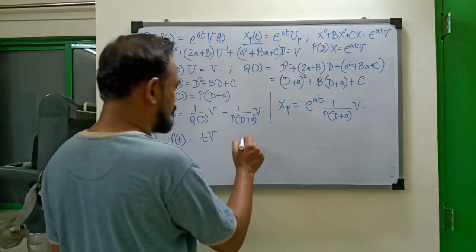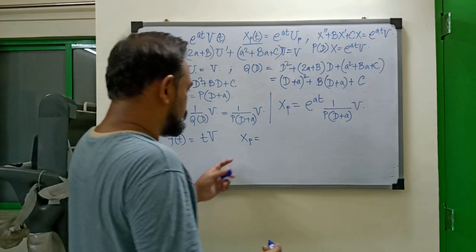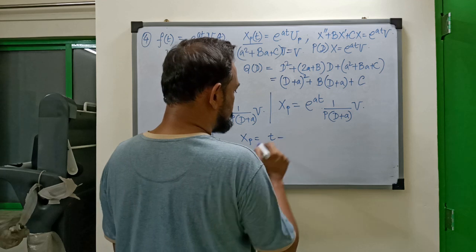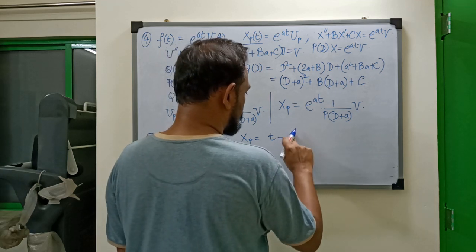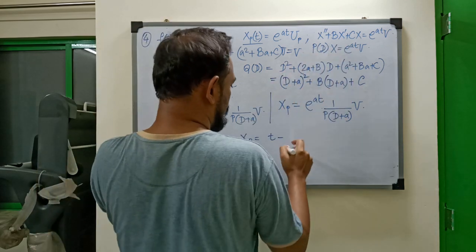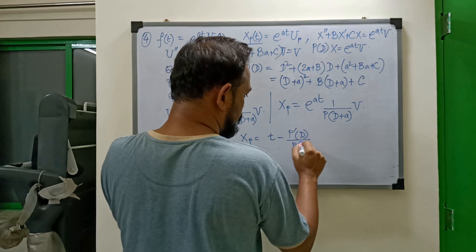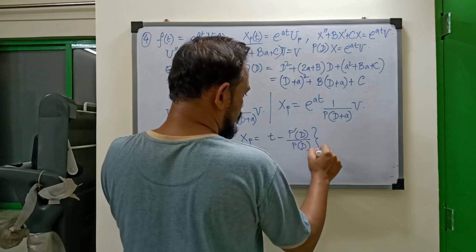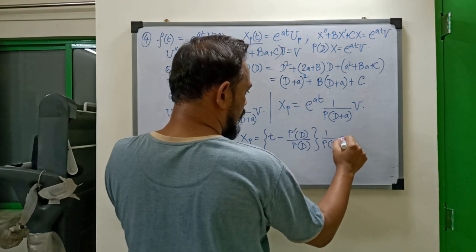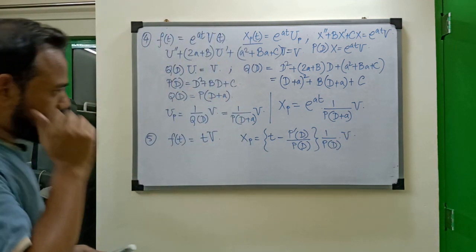We'll probably ask you to prove it in the assignment. This will be t minus P'(D) over P(D), and the whole thing acting on 1 over P(D) acting on V. This would be the result, and probably be on the assignment.